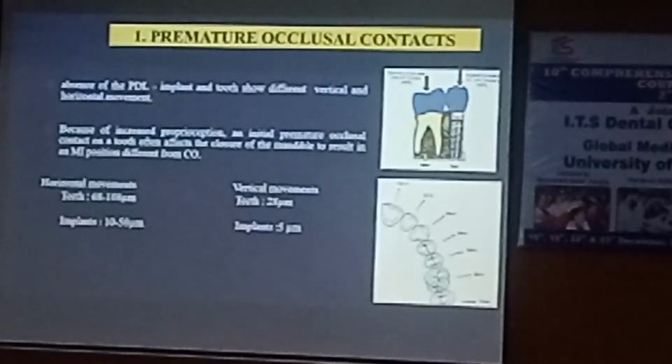Your masticatory muscles will change their path of closure. Clear? But both these defense mechanisms will not be available to you in case you do an implant. It's the same thing. If anything is not clear, please ask me.